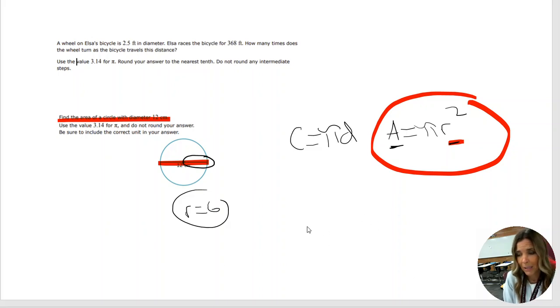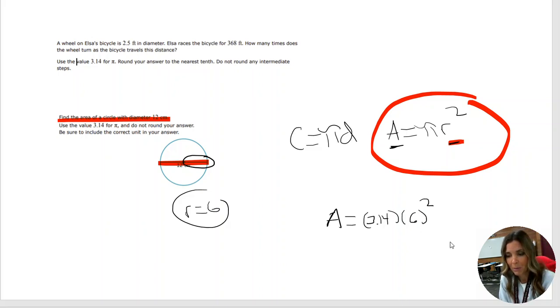So now we can plug into our formula for finding area. Area equals pi, so we're going to substitute 3.14, and for the radius, we know that's 6. Remember, whenever we're doing this formula in our calculator, we have to follow order of operations. So we do 6 squared, which is not 12. 6 squared is 6 times 6, so that's 36.